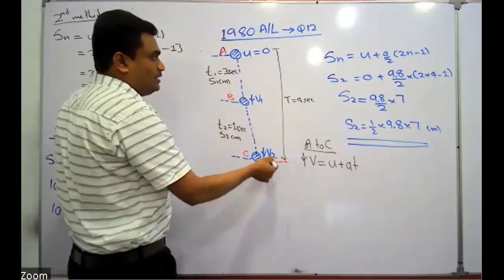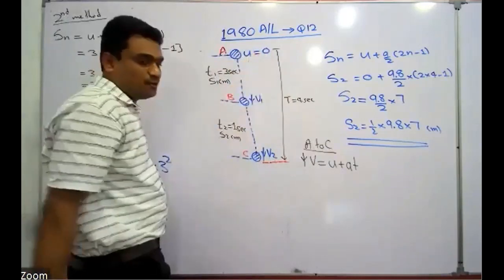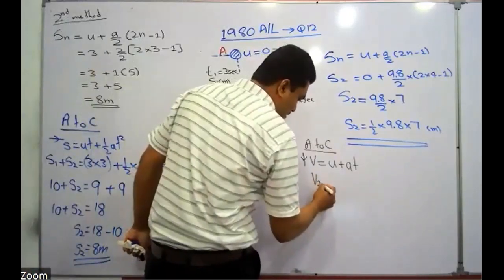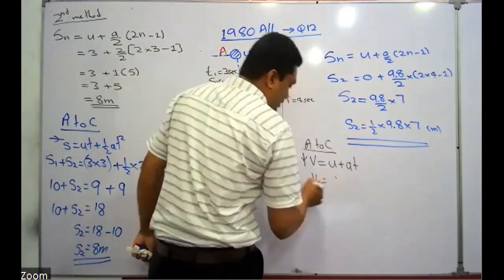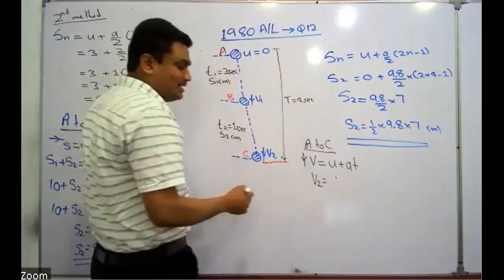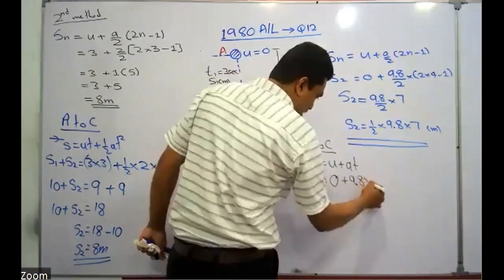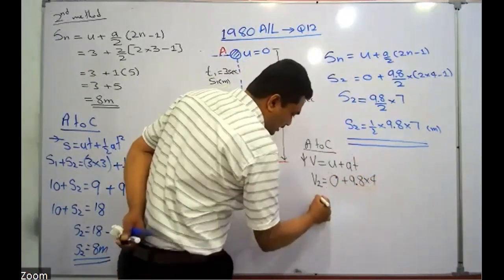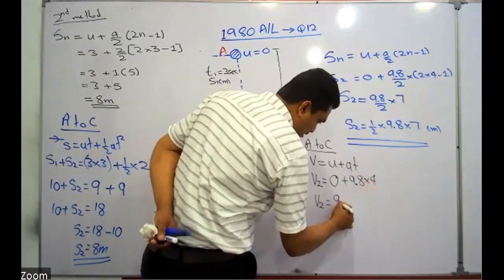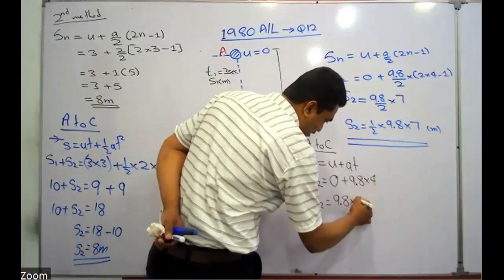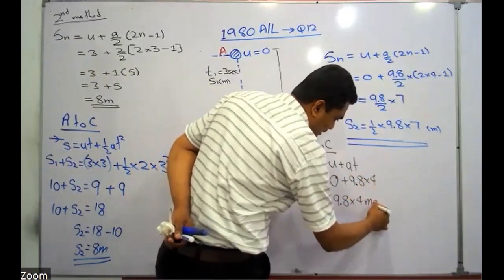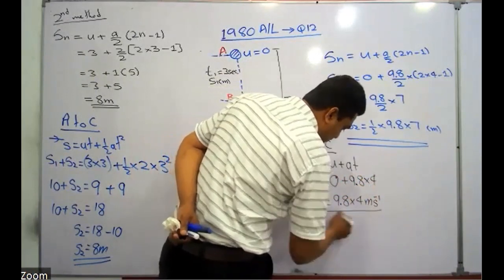At point C velocity V2, at point A velocity 0. Final velocity V2, initial velocity 0, acceleration 9.8, time is 4. Therefore, V2 equals 9.8 into 4 meters per second.